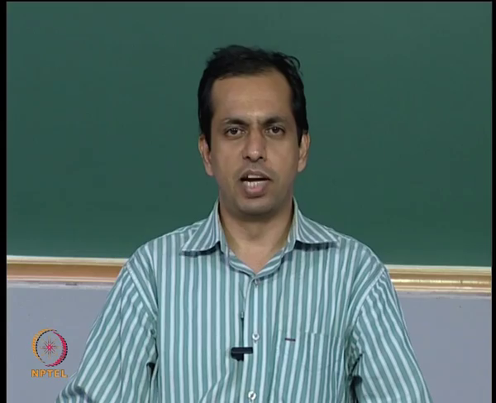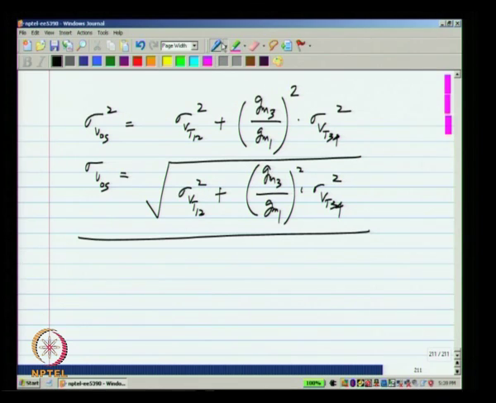As far as the offset of the input is concerned, there is nothing you can do, it appears directly at the input. The only way to reduce that is to increase the area of the devices. Okay. So, by making the input devices bigger and bigger, you can reduce the offset, and if you want to make the overall offset small, you have to make both the input devices large and the load devices large. Okay.